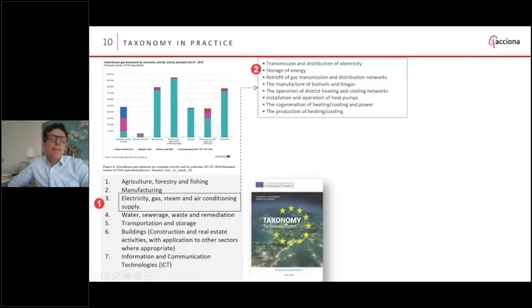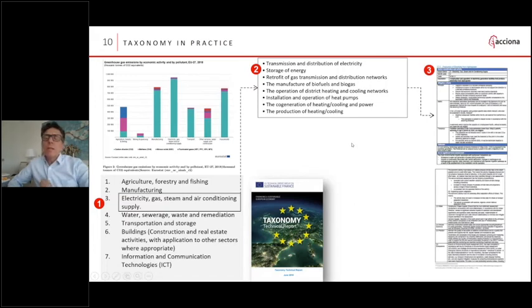We need to identify in each sector what the activities related to this sector are, and after that we need to develop some technical criteria that are perfectly explained in the taxonomy technical report from this year, and we need to take all this theory into our information flow system.